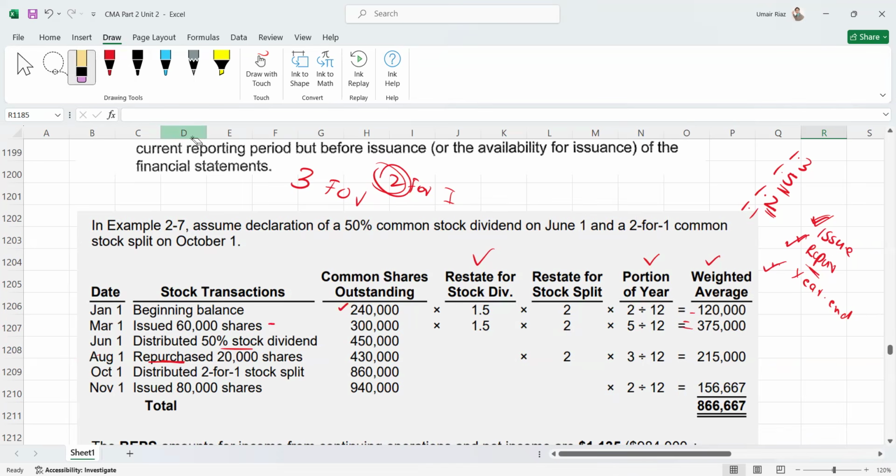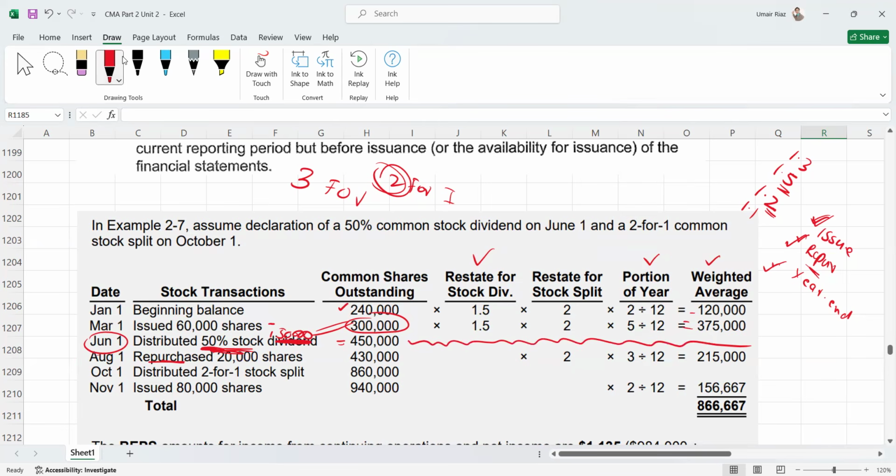Next thing is what? After that, we have June 1. We distributed 50% stock, 50% of previous shares. So how much are the previous shares? 300,000. If you take 50% of this, it will be 150,000, right? So 300,000 plus 150,000 because we issued 150,000, 50% as a dividend. So it will become 450,000 shares. And in front of that, you will not do anything.